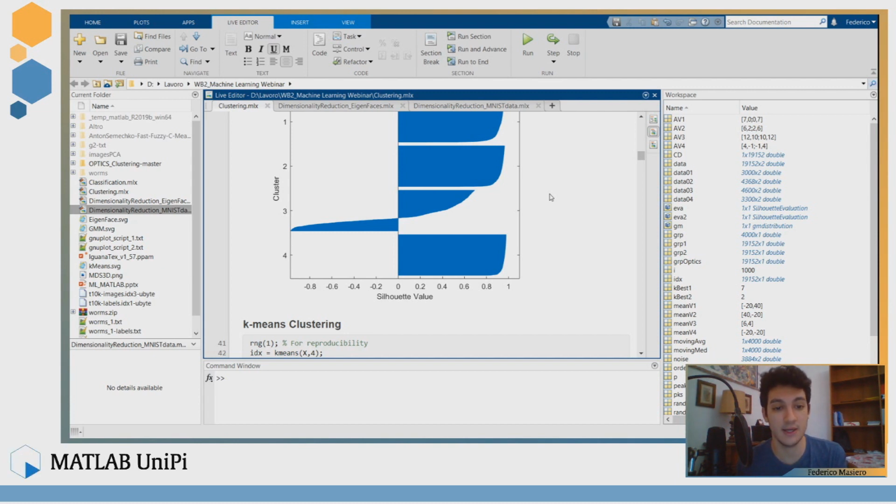And this is the reason why, even if you have the ground truth, the silhouette coefficients for the third cluster are not as good as you may expect.